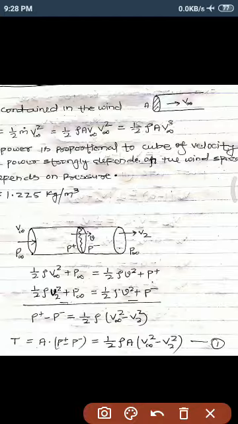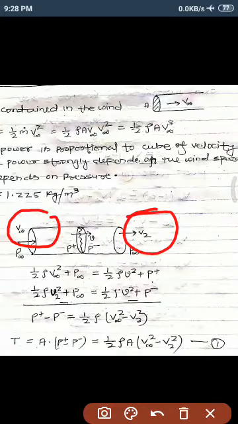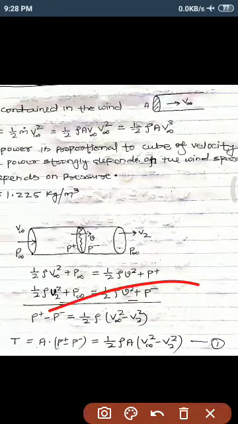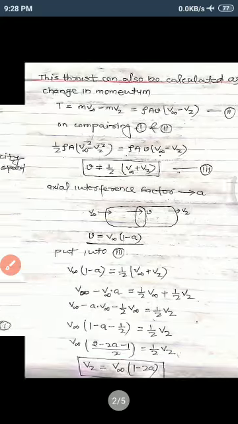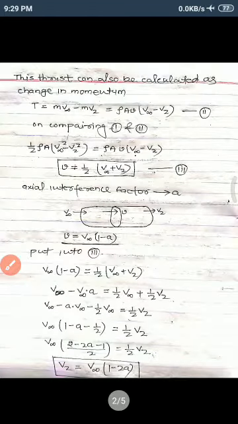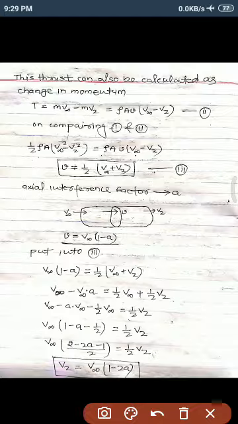Then the change in momentum can be calculated as m into v infinite minus m into v2.